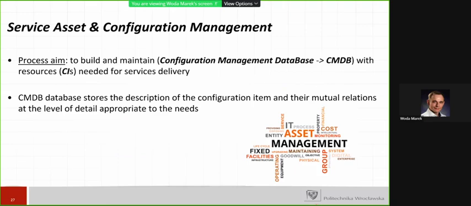If we don't know that dependency, it can create a chain reaction. So service asset and configuration management is helpful, as we have the information that a piece of equipment or configuration item exists, who is responsible, what its capability is, and how it is connected to our services. So this is quite imperative to have.